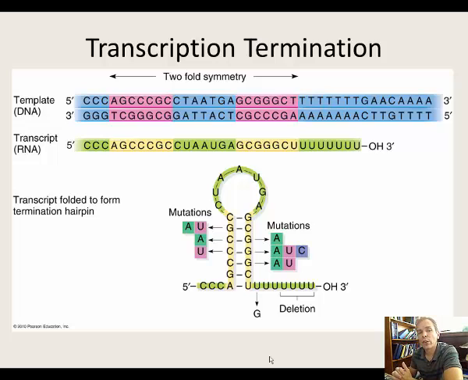Finally, in prokaryotes, RNA polymerase will terminate at a specific sequence, and for different genes, it's different sequences. However, there is a common theme among many bacterial genes, which is called a stem loop, otherwise known as a hairpin. This is the RNA sequence at the very end of the gene. It forms a region of localized complementarity, usually CG rich, as shown here.